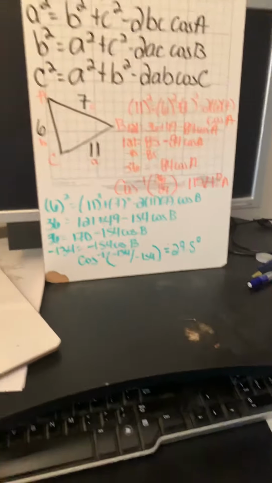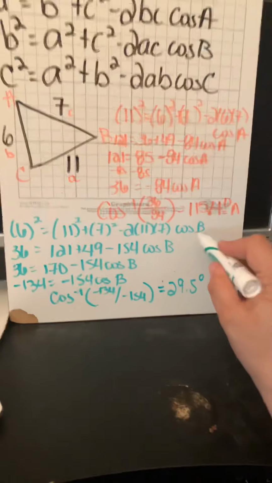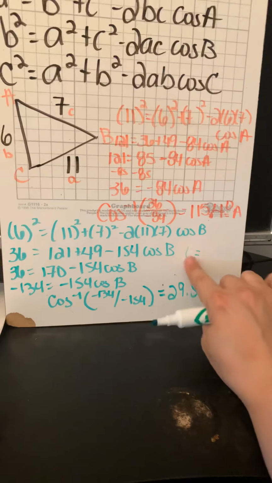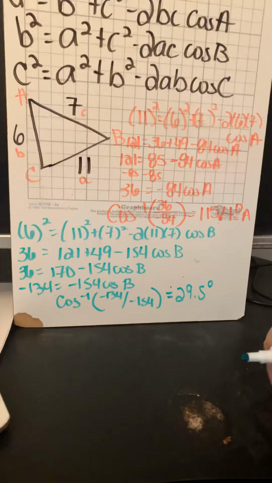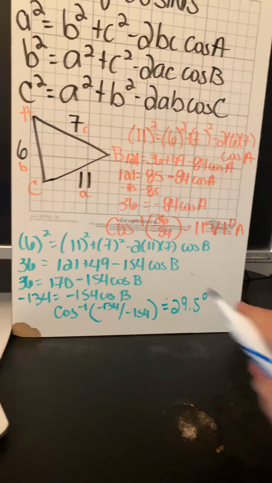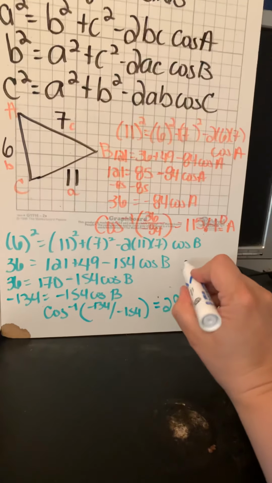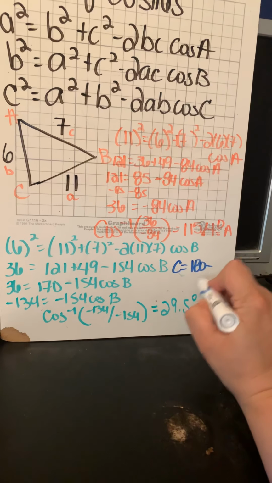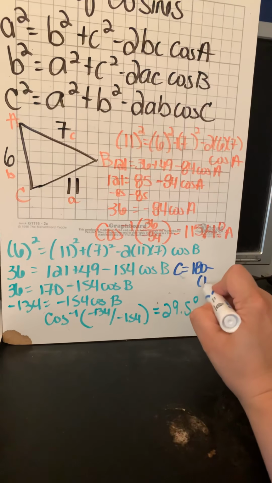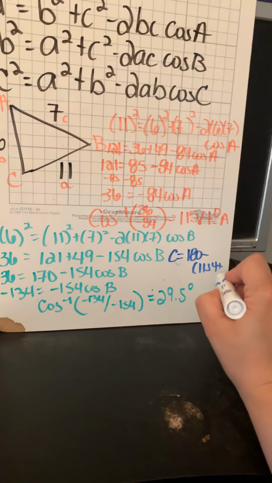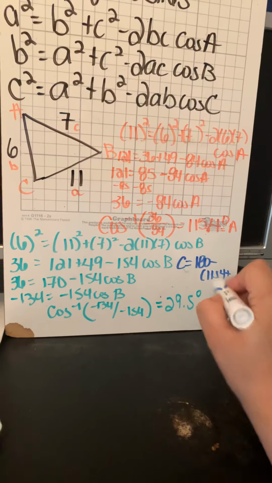Now, how easy is it to find big C? Do I have to run another one? No. To find your big C, let me use a different color so that we can keep things separated here. To find your big C, do what you always do because they have to equal 180. So C would equal 180 minus the sum of 115.4 plus 29.5.